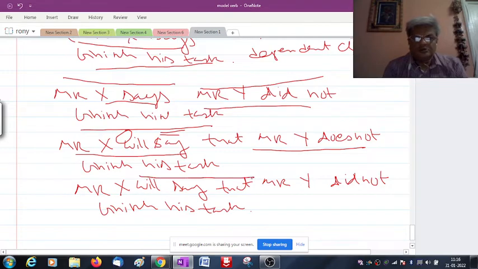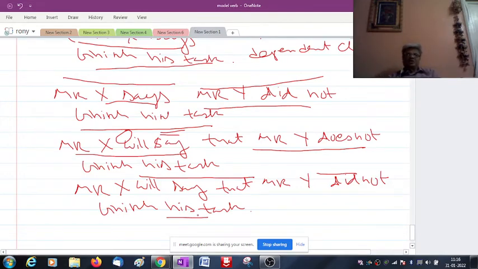This is future, this is past. So the thumb rule is that when the principal clause is in future or present, it can be followed by present, past and future. Up to this, is it okay or not? Tell me.